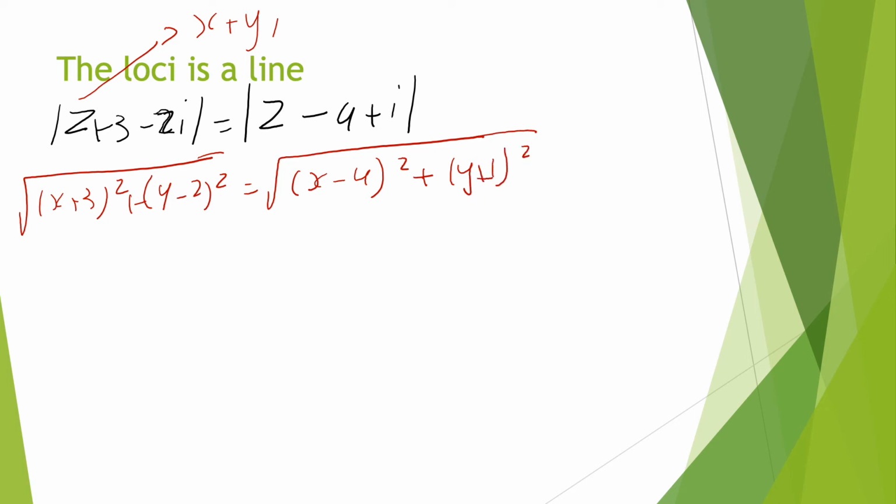Now remember, when we solve these types of equations, we have to rearrange and simplify. Because we've got square roots on both sides, the first step is to square both sides to get rid of the square roots, and that's why you end up with this.